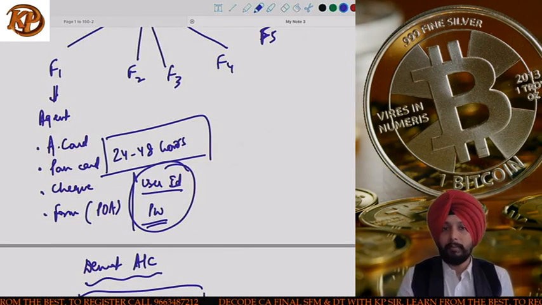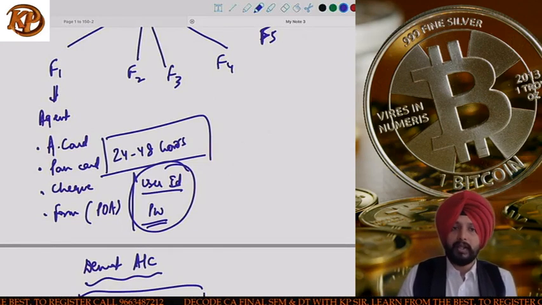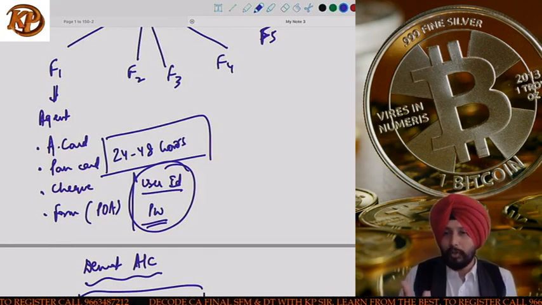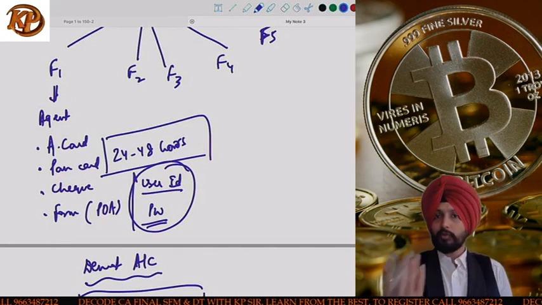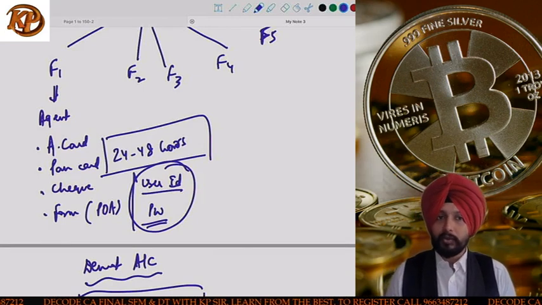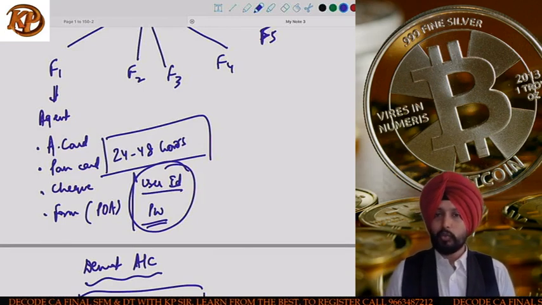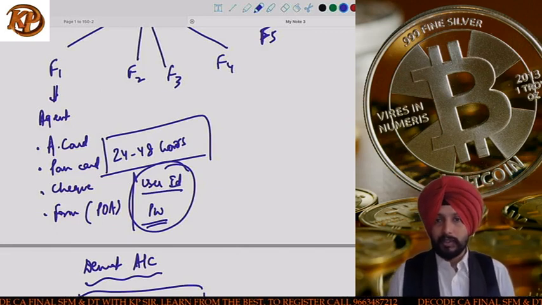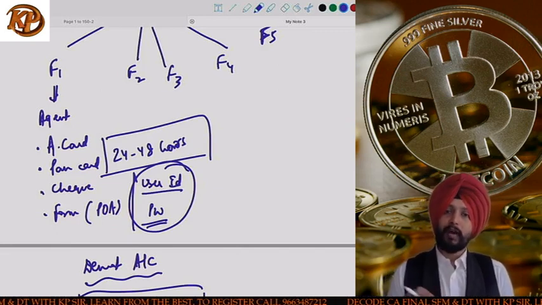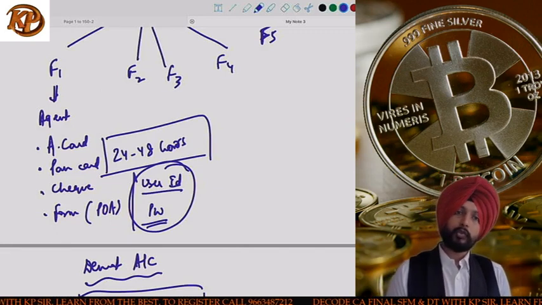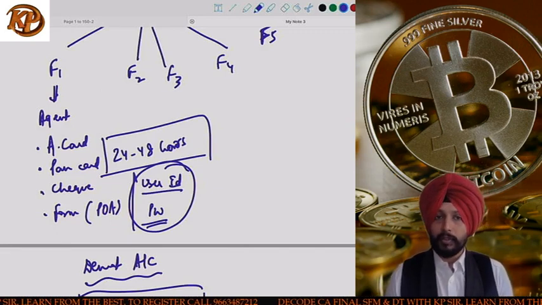For opening a demat account you will have to give some documents like Aadhaar card and PAN card, and you will have to issue a check, because obviously you will open an account. That depends on how much you want to give, 5,000, 10,000, 50,000, depending on how much trading you want to do in shares. And then you give a power of attorney to them. Once you do this, within 24 to 48 hours they will open an account for you.